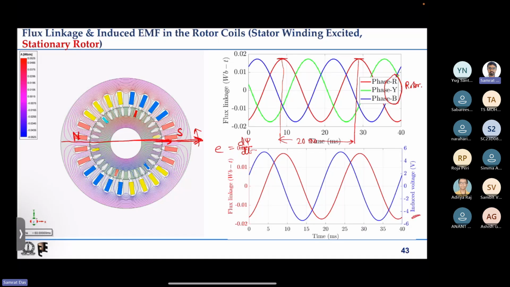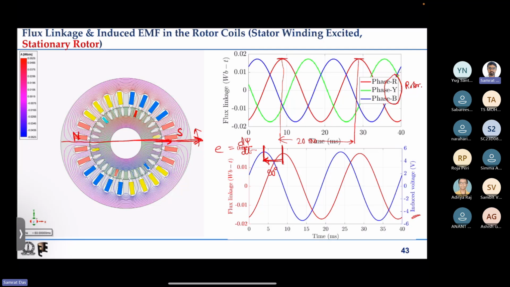Induced EMF for this R phase coil is shown using blue color, and that is leading. So this is the flux linkage. The peak is leading the peak of the flux linkage curve by 90 degrees.